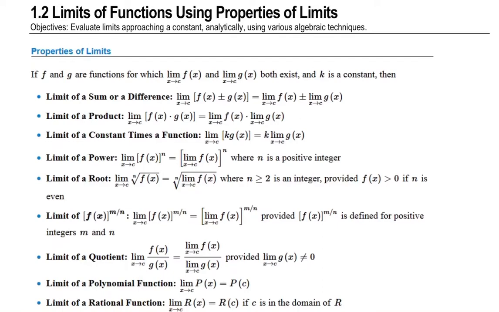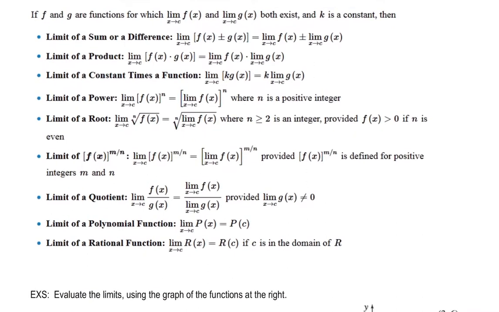The last two are really going to tell us that when we're evaluating limits, nice polynomial functions are continuous everywhere. So anywhere I want to investigate a limit, because these functions are continuous everywhere, when I'm evaluating the limit at a specified point, the left limit is going to equal the right limit, which is going to equal the value at that point.